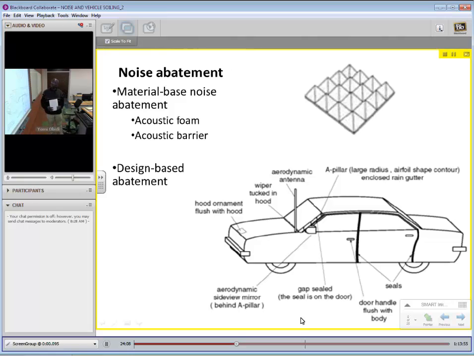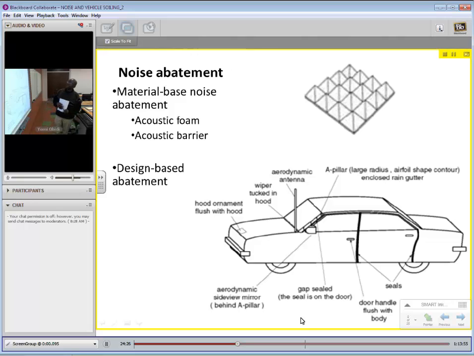And so the question now is, what do we do about it? How do we design from scratch? Instead of correcting, how do we design with an implementation that ameliorates noise in the vehicle? First time, do it right. How do we do that?